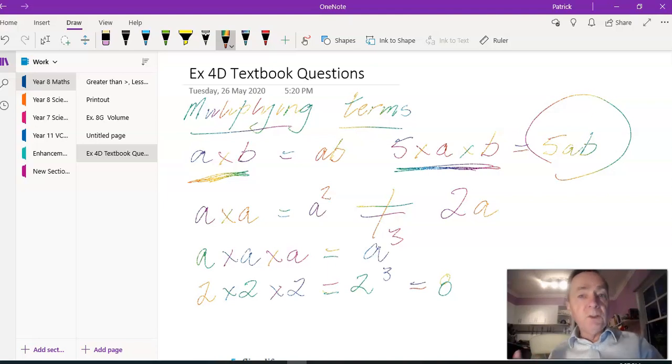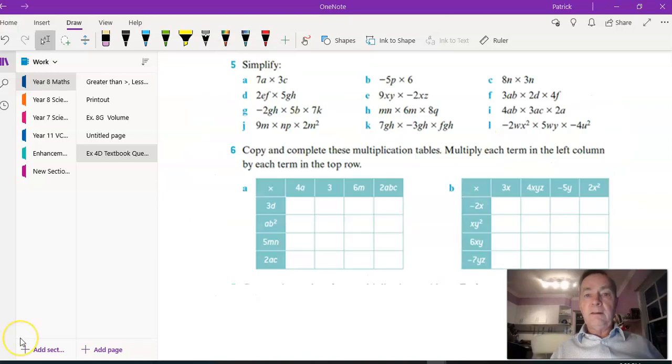It is not 2 times A, because 2 times A is 2 lots of A, which is A plus A. So if I had 3 times A, it would be A plus A plus A, whereas A times A times A is to the power of 3. And that's something that we need to remember in this and in future sections. The first couple in exercise 4D, the first 4, are fairly straightforward, so I'm going to have a look at 5 and 6.